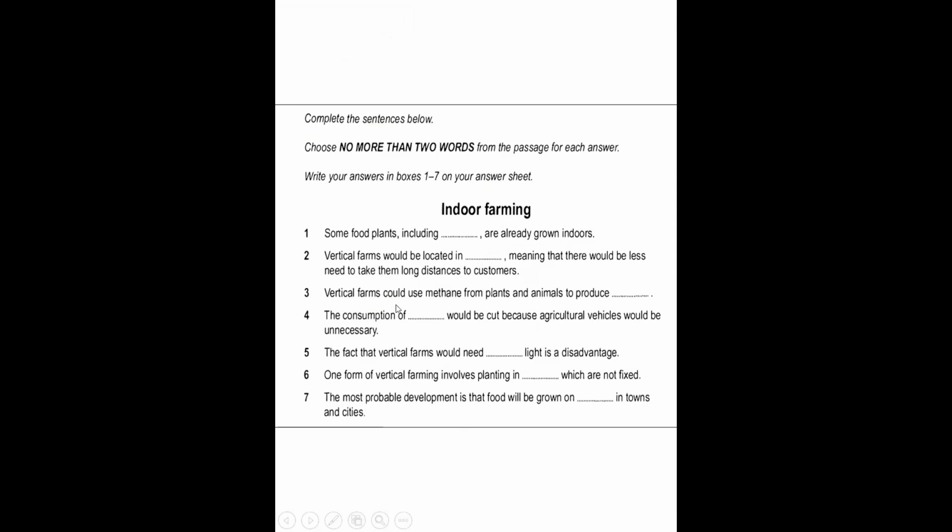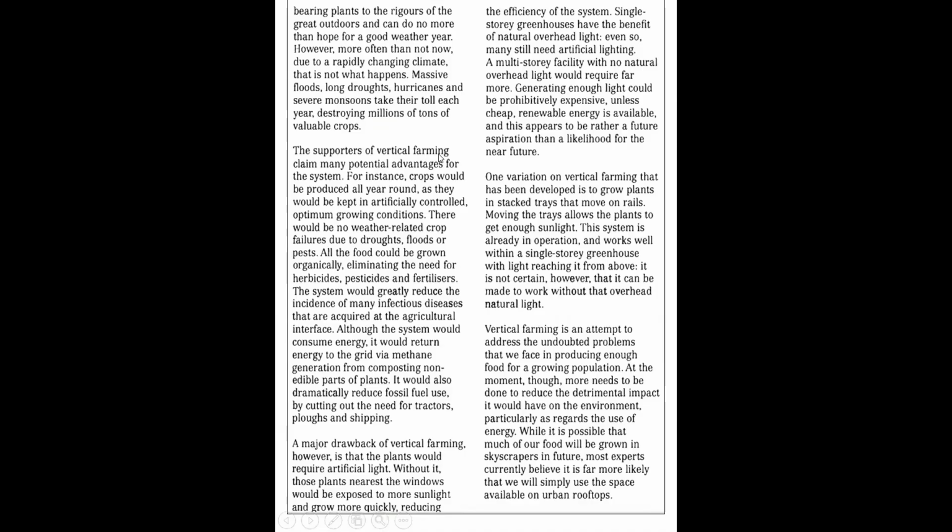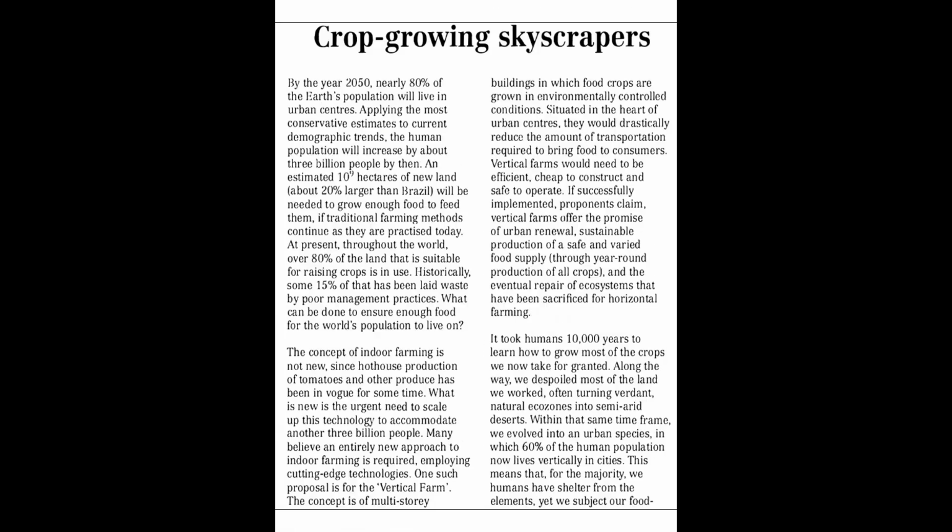Third one, vertical farms could use methane from plants and animals to produce dash. Our keyword is a proper noun, name of a gas. Methane is the best noun here. Now from the next line, all of you search for the word methane. From here onwards, search for the word methane.